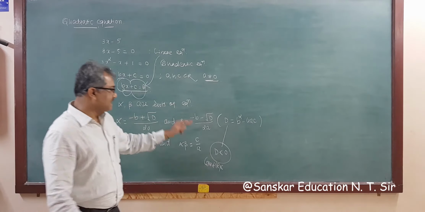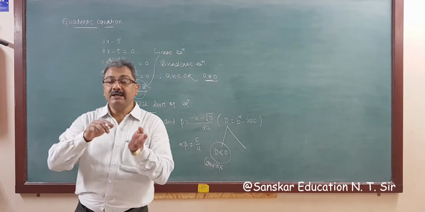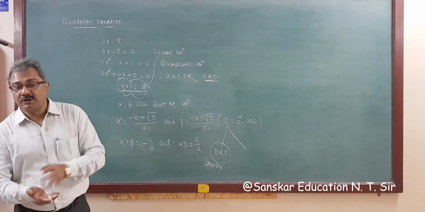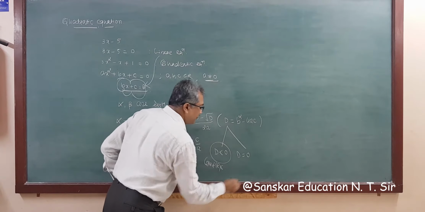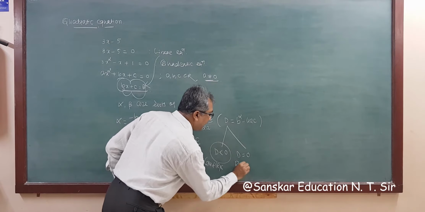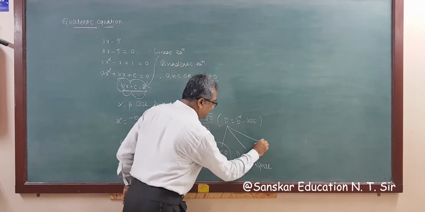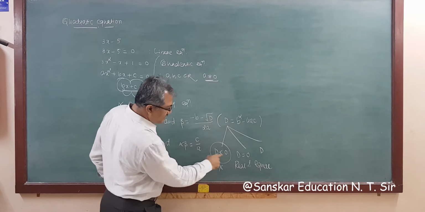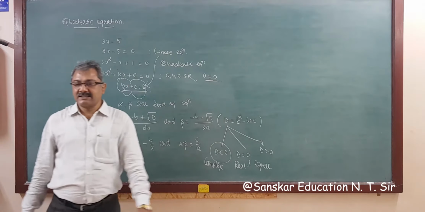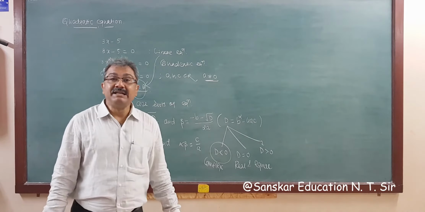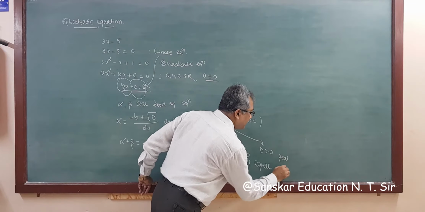Then suppose d equal to 0, then you know the roots are real and equal, right? So d equal to 0, then roots are real and equal, and d greater than 0, then real and distinct roots exist. So roots are real and distinct.